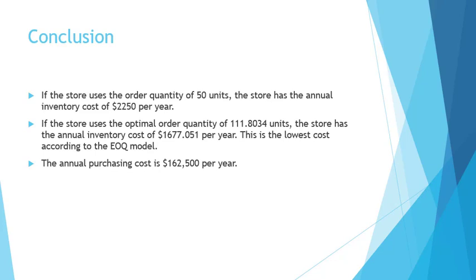In conclusion, if the store uses the order quantity of 50, the store has the annual inventory cost of $2,250 per year. But if the store uses the optimal order quantity of 111.8 units, the store has a lower annual inventory cost of $1,677.05 per year.